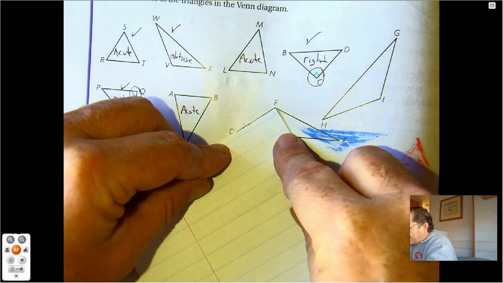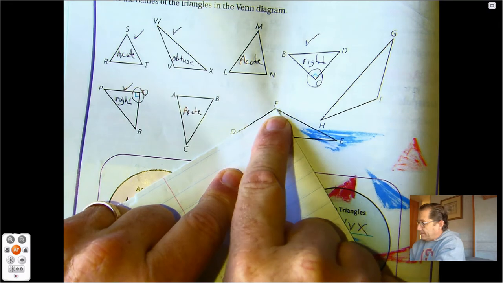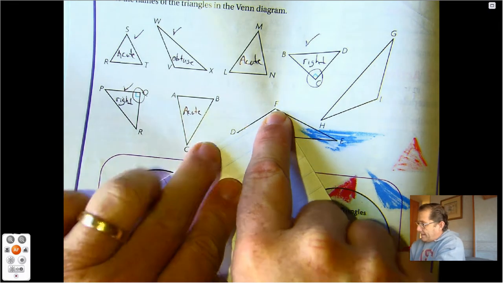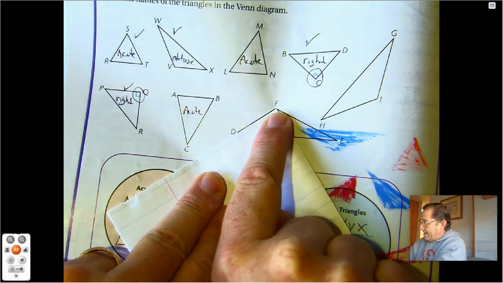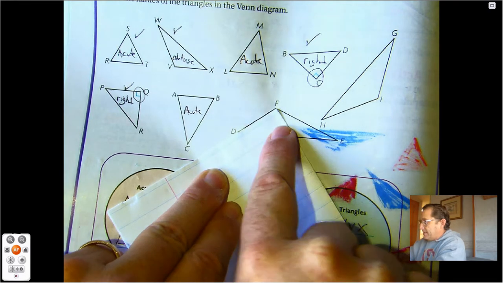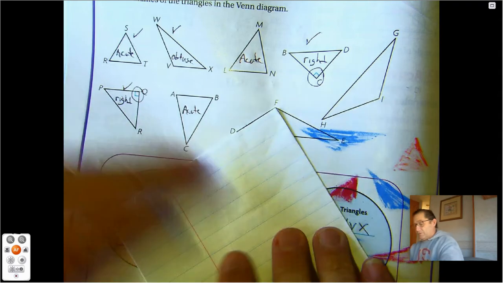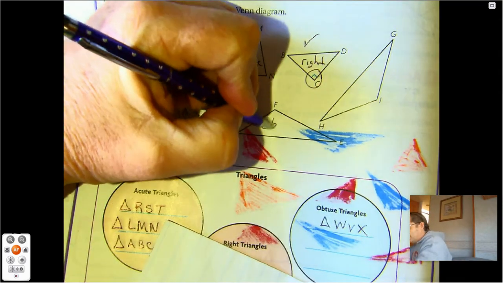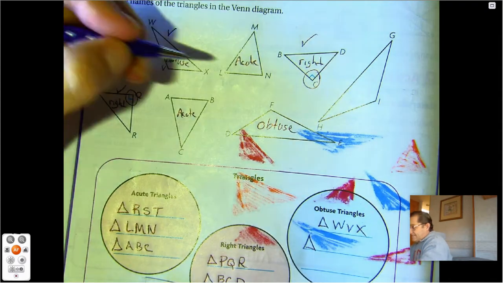So when I line up one edge of my tool with the vertex of this, with ray FD, you notice that ray FE is open a lot wider than what would be a right angle. So this is obtuse. So triangle DFH.